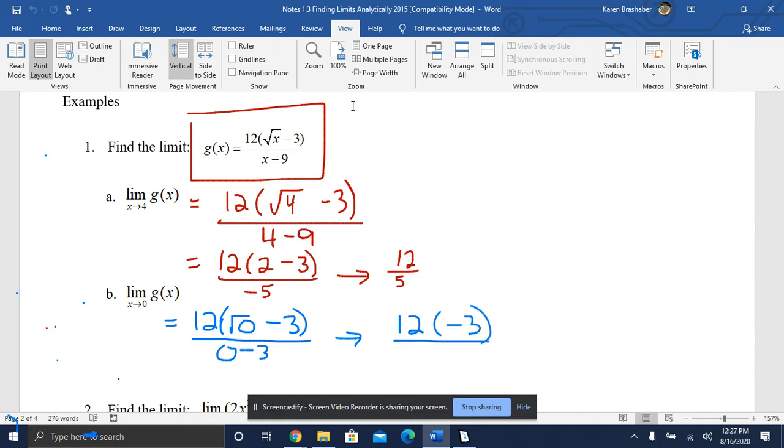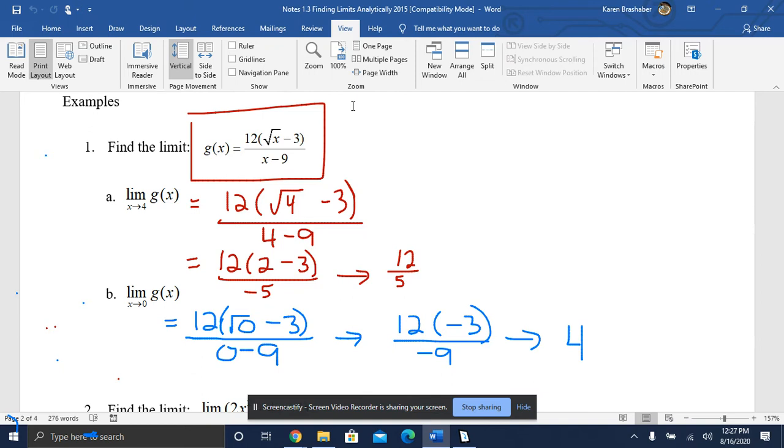And then in your denominator, 0 minus 9, which is negative 9. And so negative 36 divided by negative 9 is going to give you 4 for the limit there.